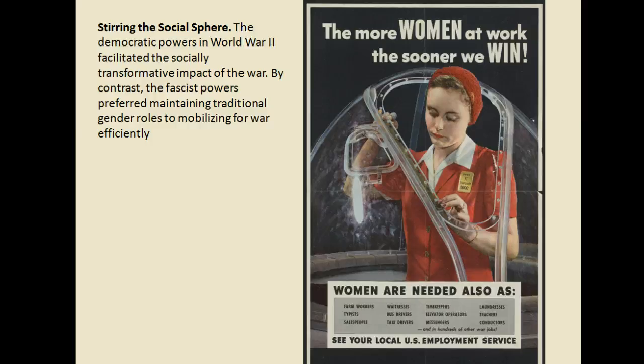And although there's a little bit of a turn back of this after the war, when the soldiers return, it really does pivot women's lives a little bit, encouraging them to take up work. The fascists, of course, had opposite ideas of the woman's place, and German women were encouraged to stay home and have lovely German babies and not be involved in anything outside the home.